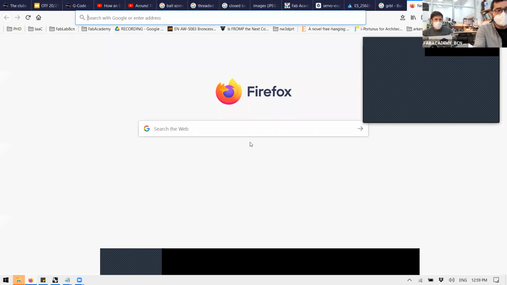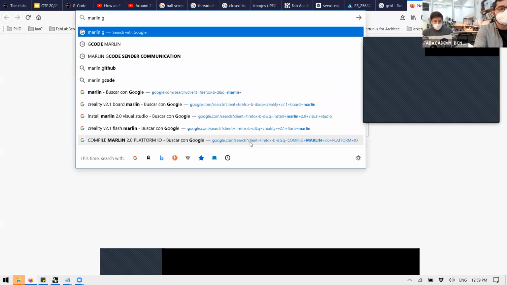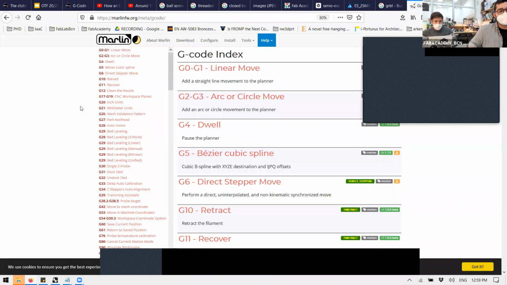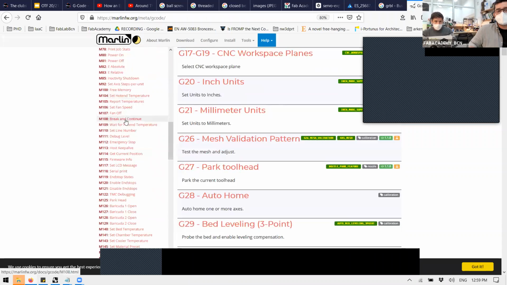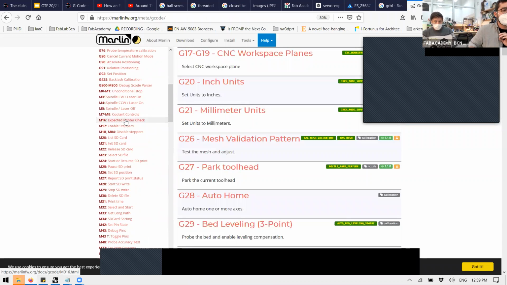For example, the easiest guide is the Marlin G-code guide. First link, G-code Marlin firmware, and boom, all the types of commands that you can send. So for example, you find command G92.